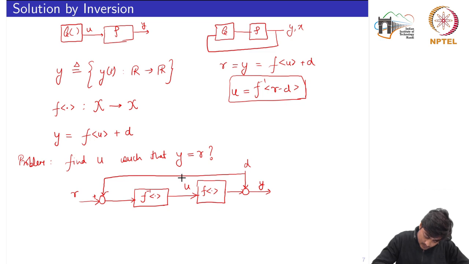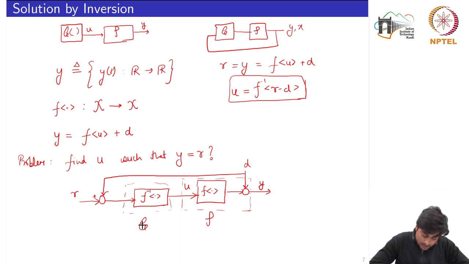This dotted box is our plant. If you see, y becomes equal to a function of u plus d, and this is our controller. So this is a very naive approach to compute an open loop control.